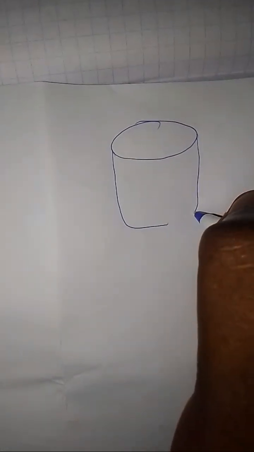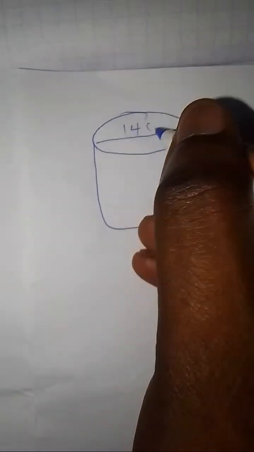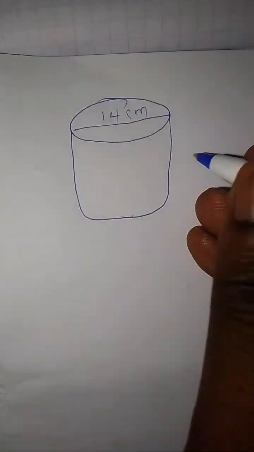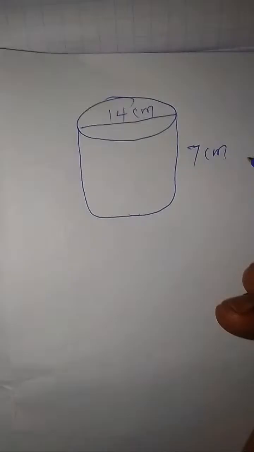Now, in case we have something like this, what I'm trying to draw is a cylinder. This cylinder has a diameter of 14 centimeters and it also has a height of 7 centimeters.